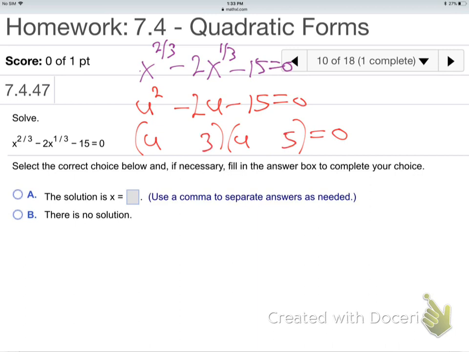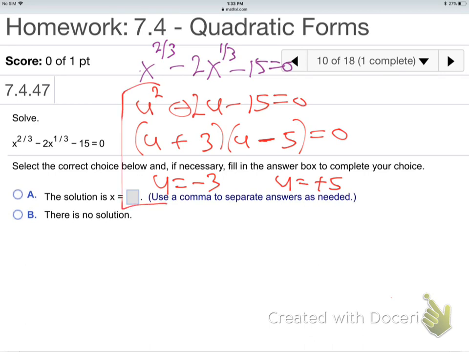The sign in the middle goes on the bigger, doesn't it? Minus 5 plus 3. And then that means U is negative 3 or U is positive 5. And that's the end of the U work.